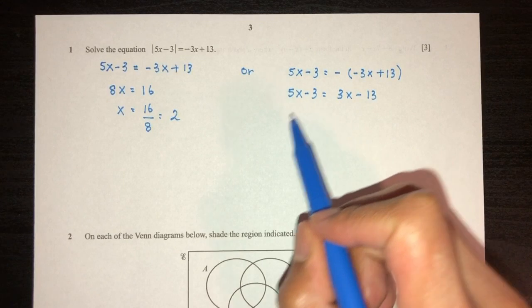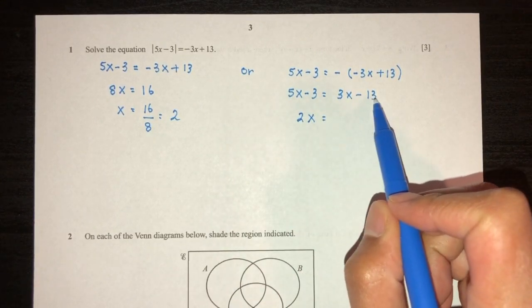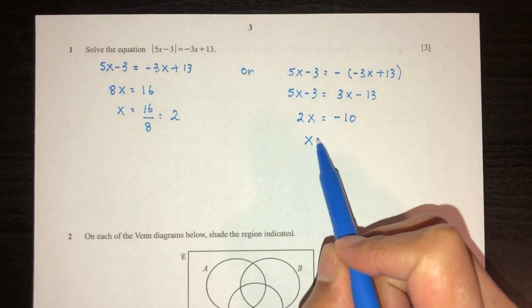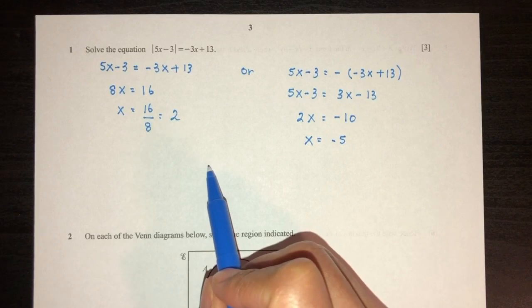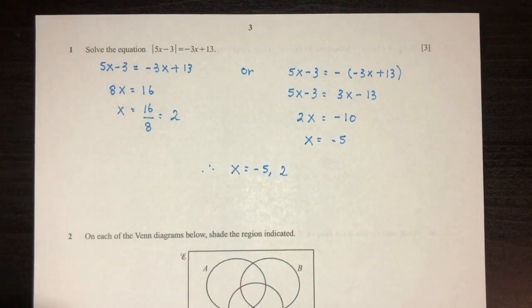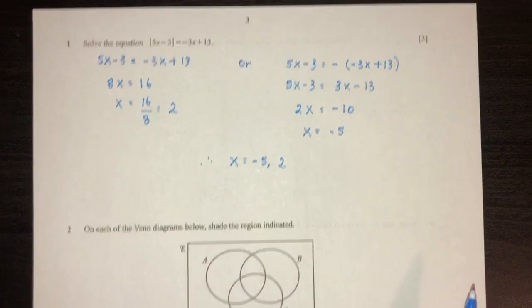Now send this one over here. You will have 5 minus 3, that will be 2. And minus 13 plus 3, that should be giving you minus 10, sorry. So x will be minus 5. So two values of x can be minus 5 or 2 for question number 1. That is one way of doing this. Other way is you can just square both sides and solve them one by one.